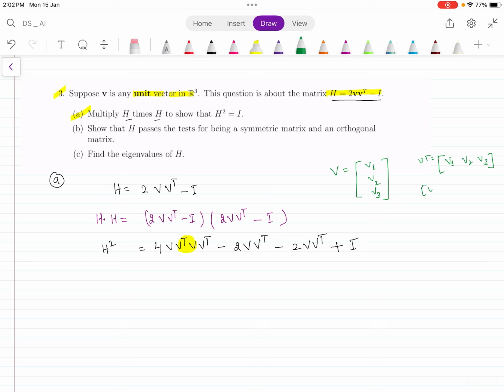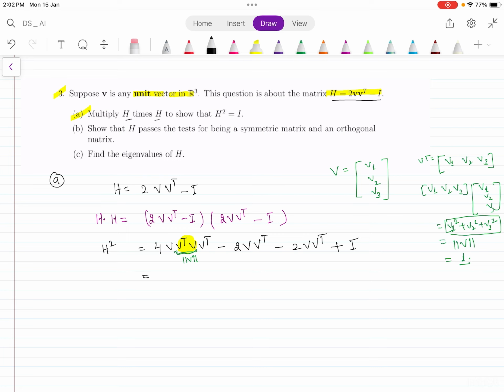So if you multiply this v1 v2 v3, that is the v transpose, with this v1 v2 v3, what you will get is v1 square plus v2 square plus v3 square, and this is nothing but the length, or the norm, of your vector v, right? And this is 1, because this v is a unit vector, so that means the length of the vector will be 1.